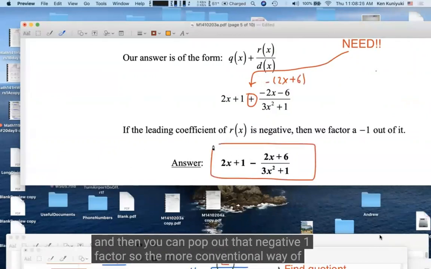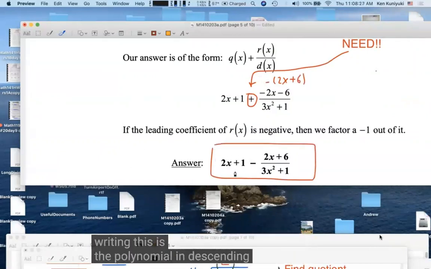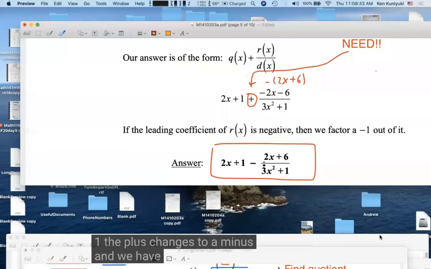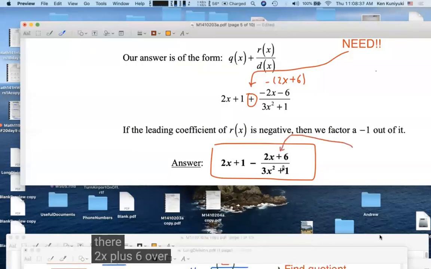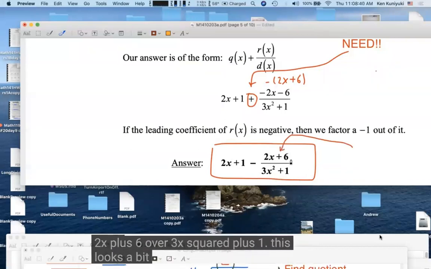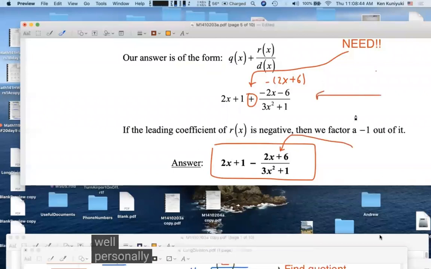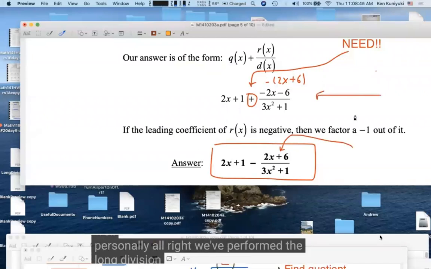So the more conventional way of writing this is the polynomial in descending powers, 2x plus 1. And then when you factor out a -1, the plus changes to a minus. And we have 2x plus 6. That's a plus sign there. 2x plus 6 over 3x squared plus 1. This looks a bit nicer, but I'd accept this as well, personally. All right. We performed the long division.